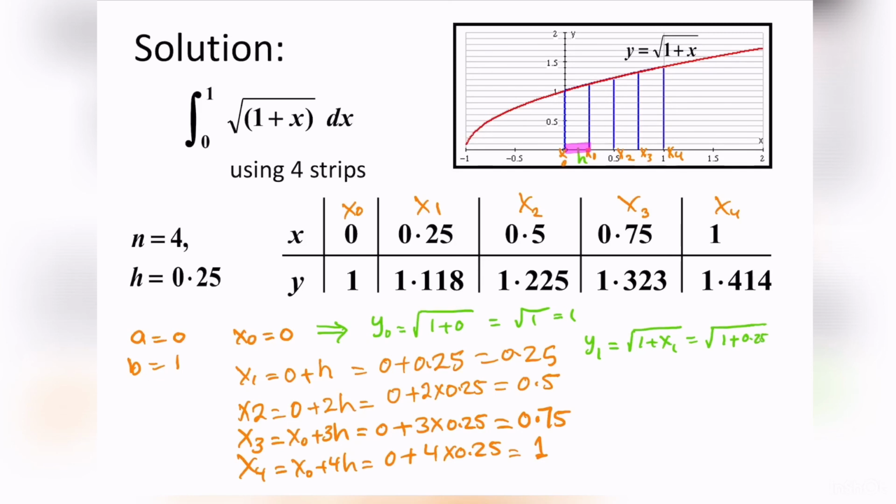That should give you, as the answers here, 1.118. And same thing, y2 is going to be the square root of 1 plus x2, and y3 is going to be the square root of 1 plus x3, and y4 is going to be the square root of 1 plus x4. And you find the answer, you should get the answer on this table.